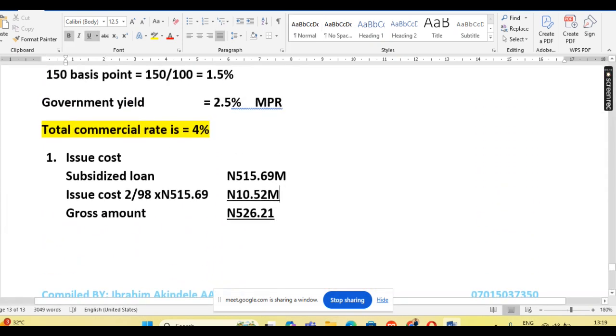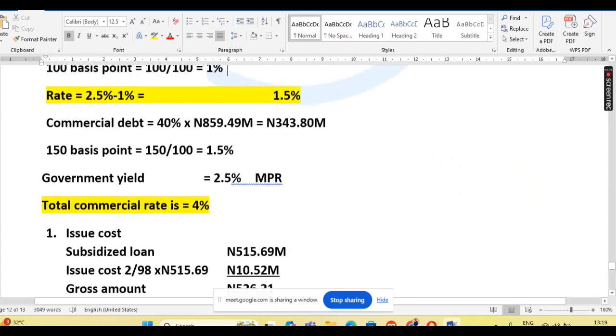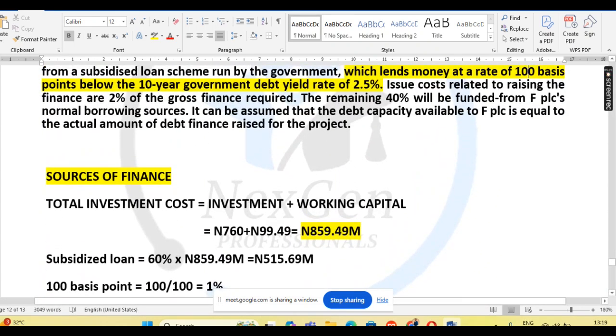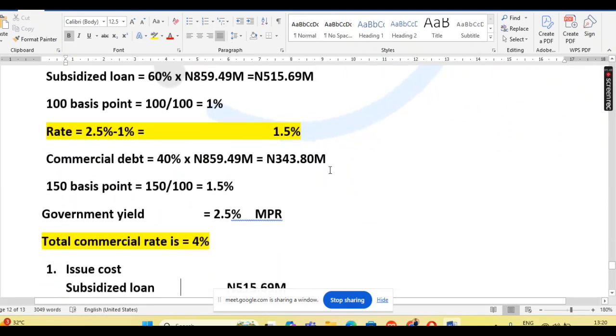So if this is the gross amount for the subsidized loan, don't forget they say the 2% will be applicable. Look at it, class. The issue cost related to raising the finance is 2% of the gross. And we're told that the project will be financed entirely by debt, right?